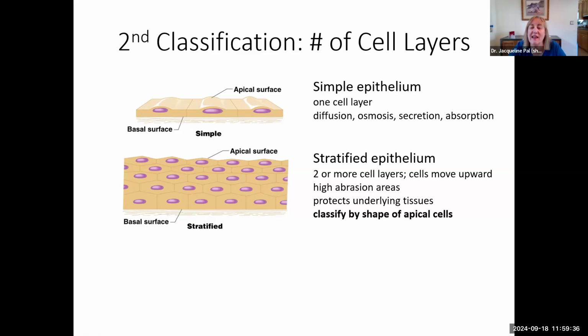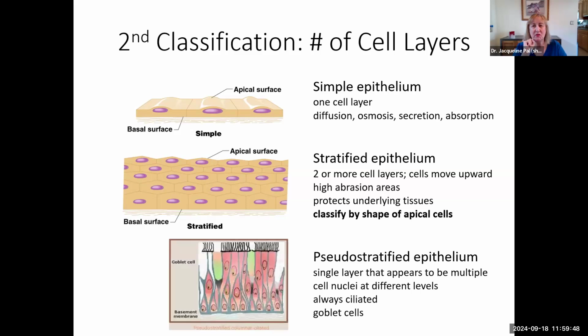But then there is a third classification, and it's one that at first glance you think is stratified, but it's not really. So we call it pseudostratified epithelium. It's a single layer that appears to be.